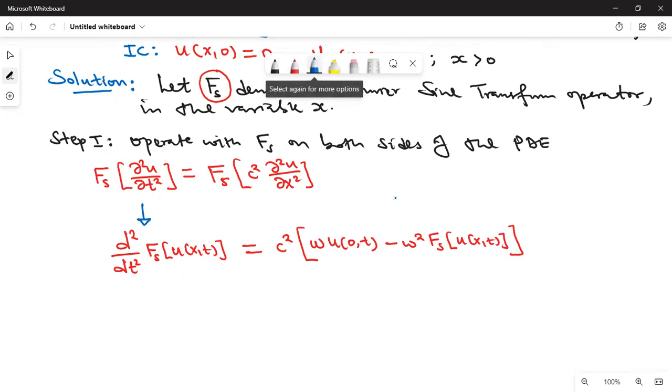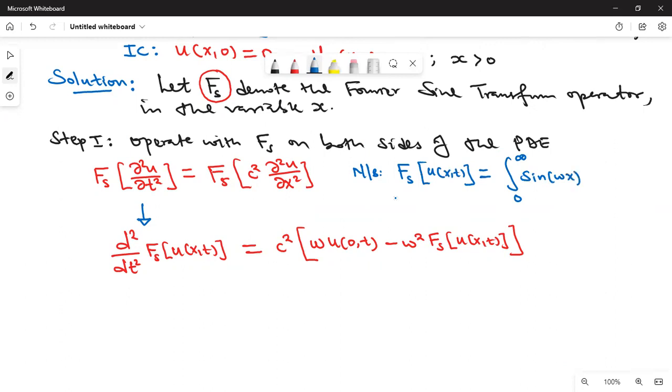Somebody might be wondering where we are getting this from. This is the definition of the Fourier sine transform: the Fourier sine transform of any function, let's call it u of x t, is equal to the integral from 0 to infinity of sine omega x times u of x t dx.